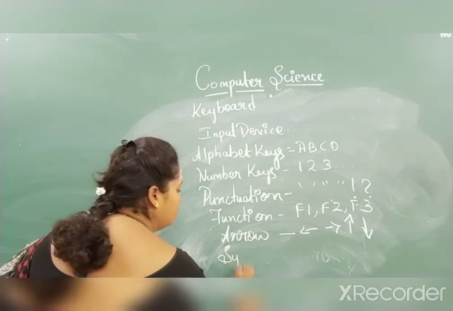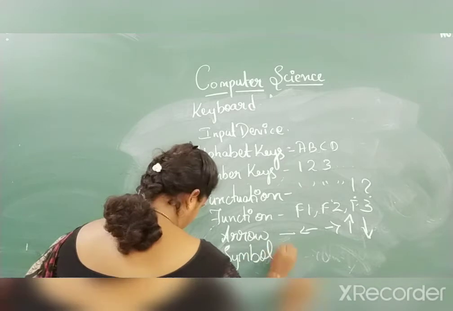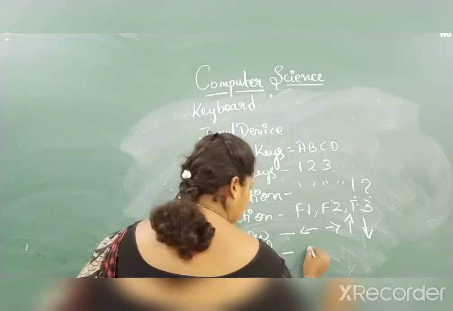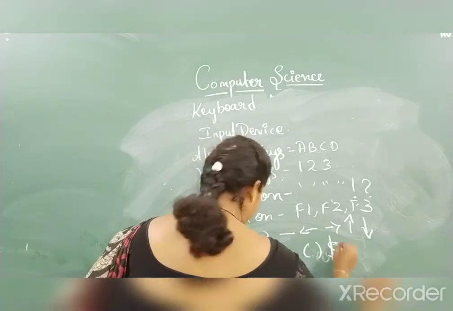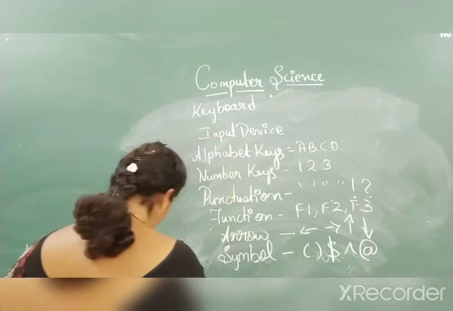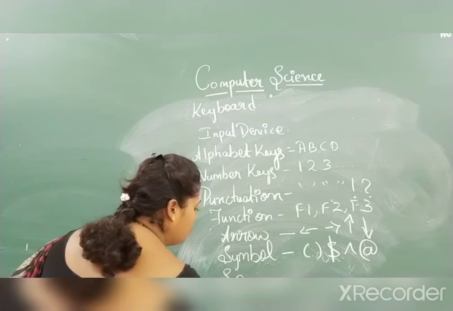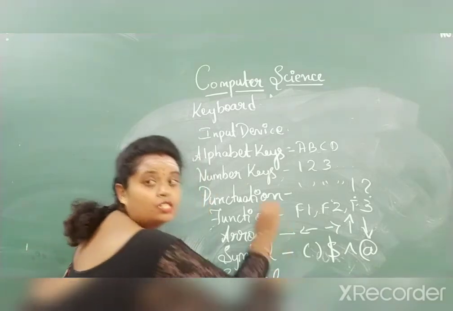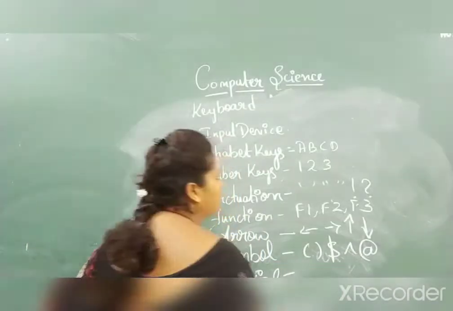Then symbol keys. What are these symbol keys? Braces, dollar sign, reciprocal, at symbol. Then you have special keys. Can you see special keys?